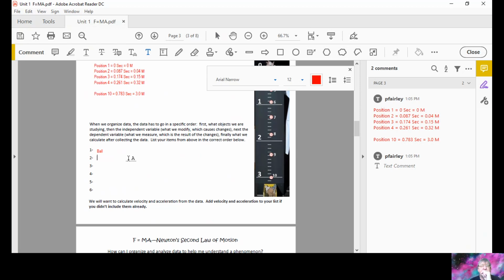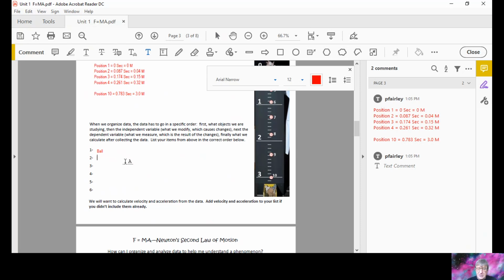What about the next thing? First, what objects we're studying, then the independent variable, what we modify, what causes changes. Well, that to me looks like it's the time. But wait a minute, there's also position in there, huh? Maybe that should be number 2, is the position it's in.